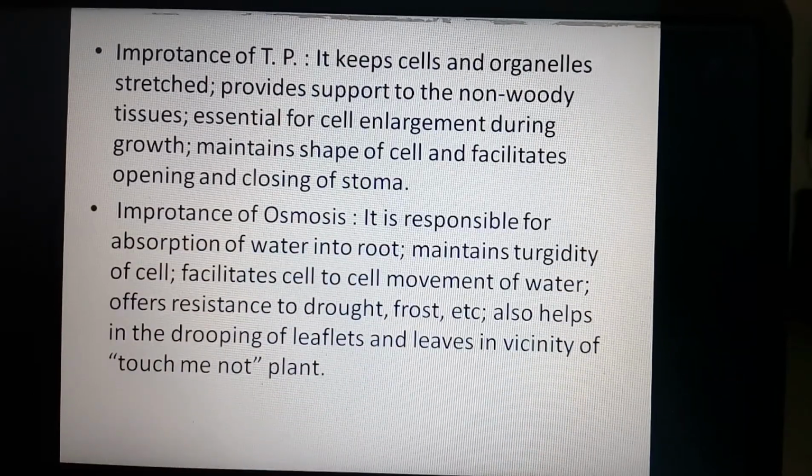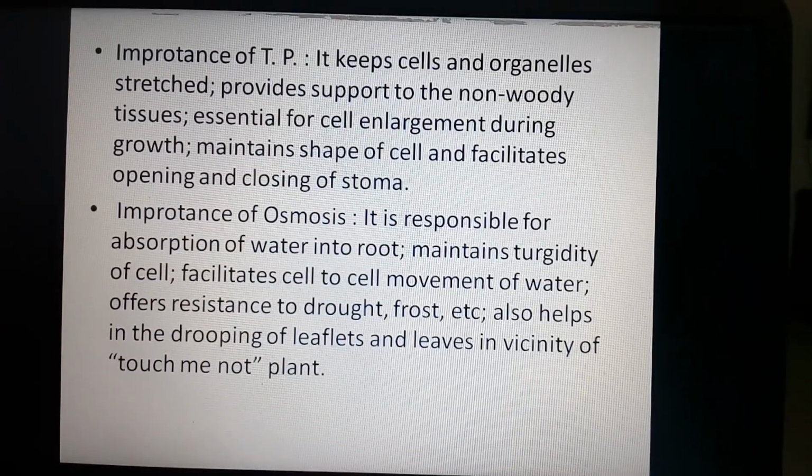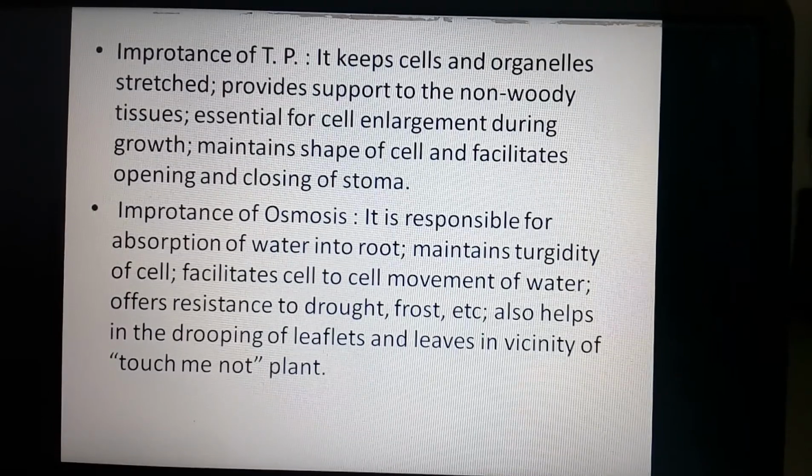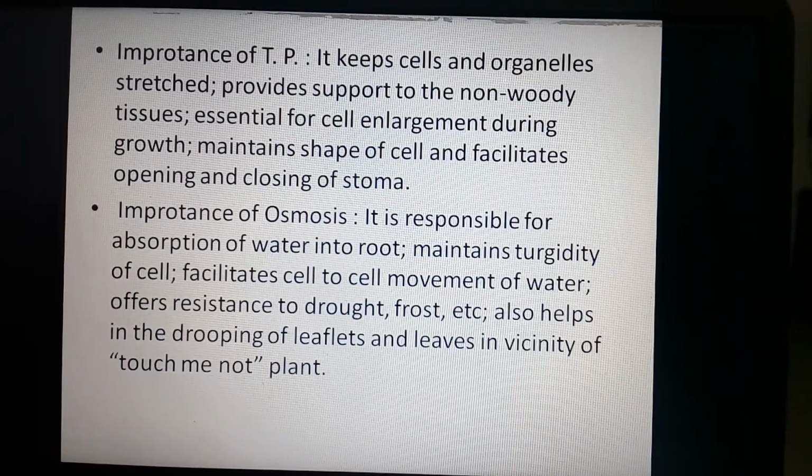Then, importance of osmosis. The process of osmosis shows much importance in the absorption of water from the soil towards the root. It helps to maintain the turgidity of the cell.